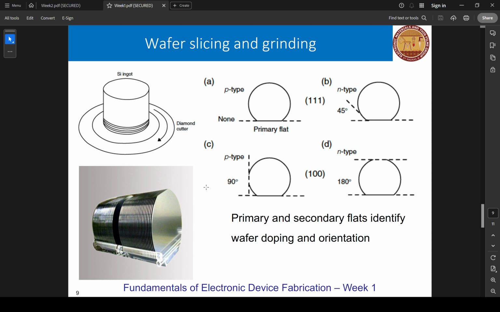If you are following some optimized process, you might get your device in days. But in research, we are usually doing new things. When you are doing new things, you need to do some optimization to get what you want. That can take months, even years.